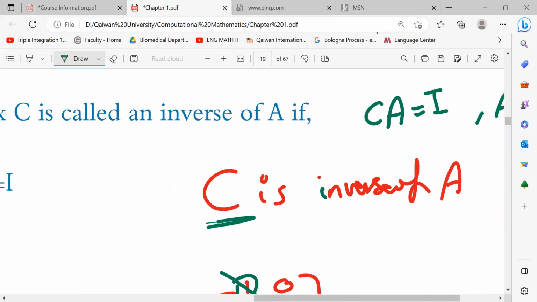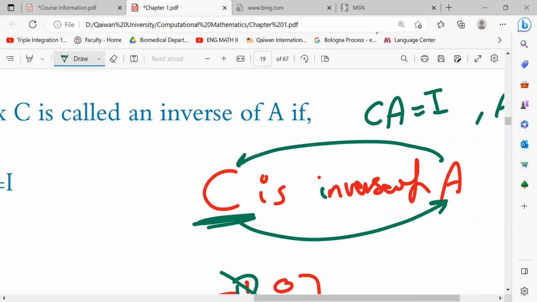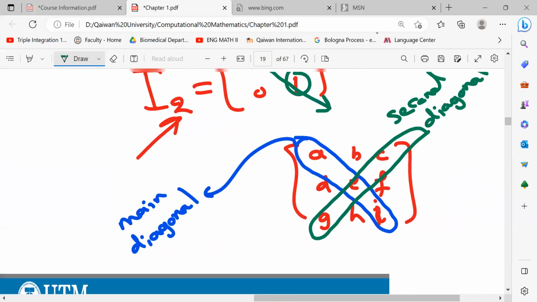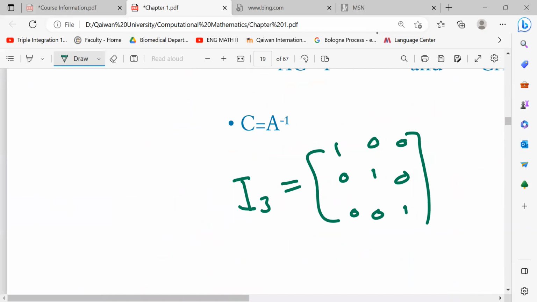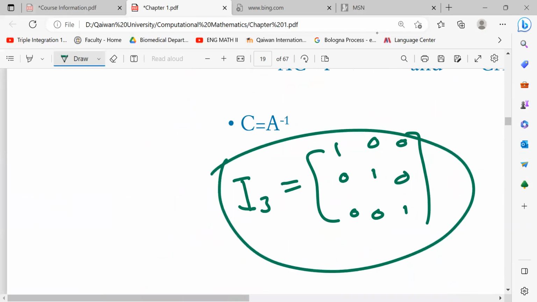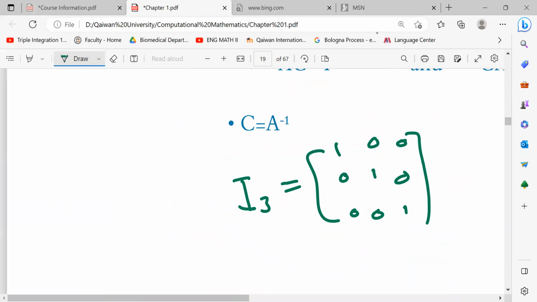Here we say C is the inverse of A if their multiplication is an identity matrix, or you can say A is an inverse of C. Okay, so you know what's an identity matrix? It is I2, and this is I3, and therefore I4.